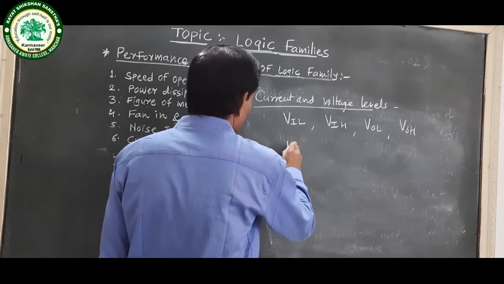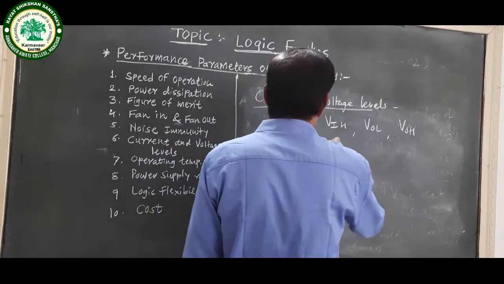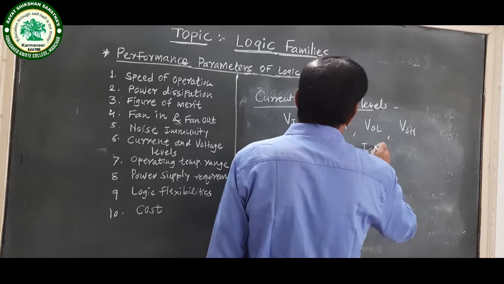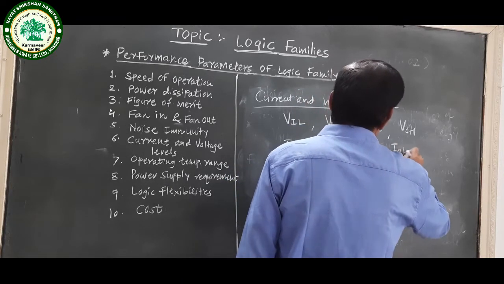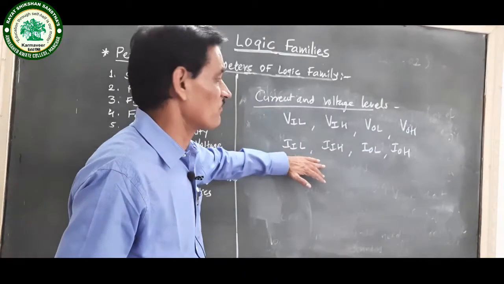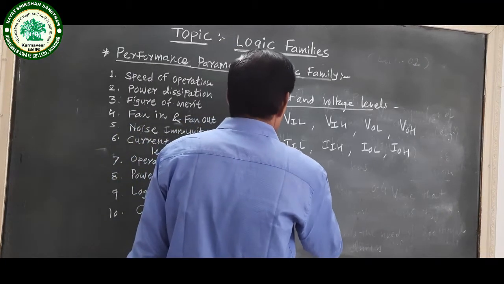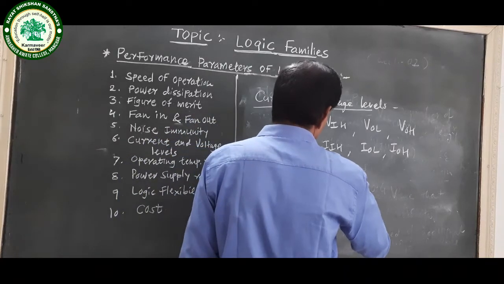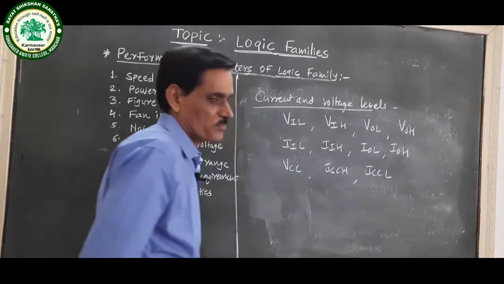Similarly, you are getting current levels as IIL, then IIH, IOL and IOH. Similar to 4 voltage levels, you are getting 4 current logic levels. Related with VCC and ICC, you are getting ICCH and ICCL.